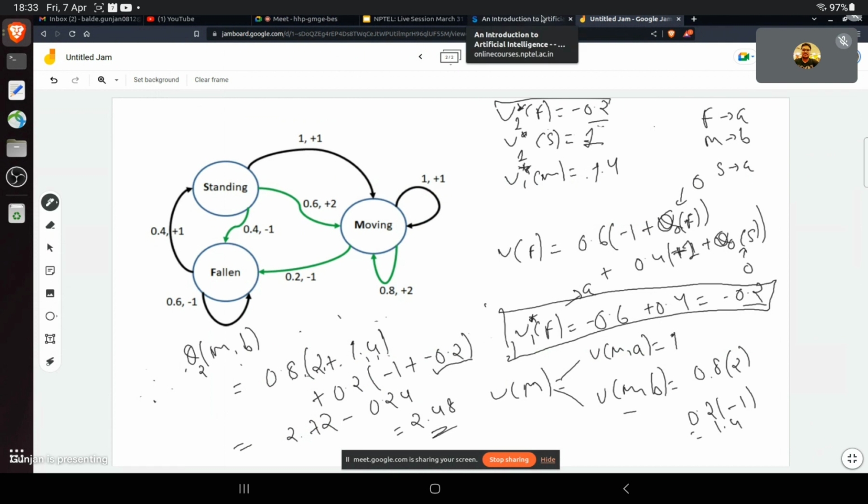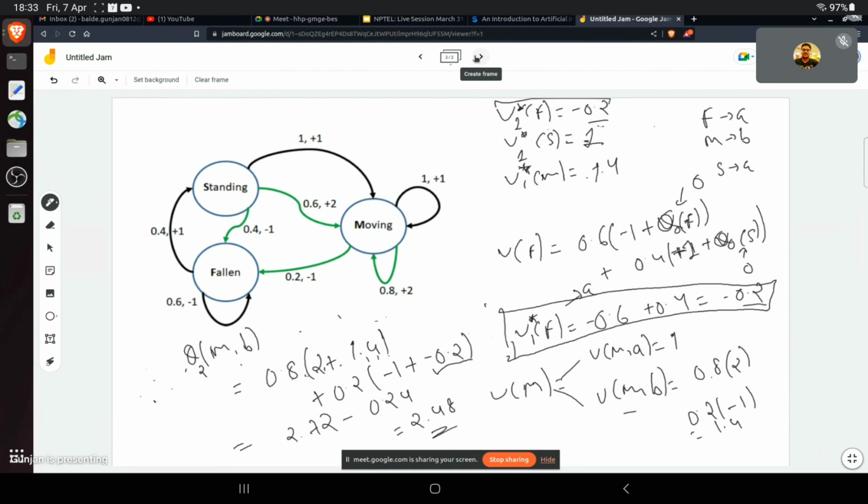We are calculating Q2 and we are considering the values from the first iteration. It will not be zero, it will be these values: minus 0.2, 1 and 1.4. Okay, fine. That's it.